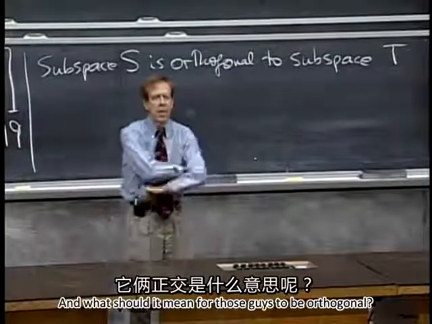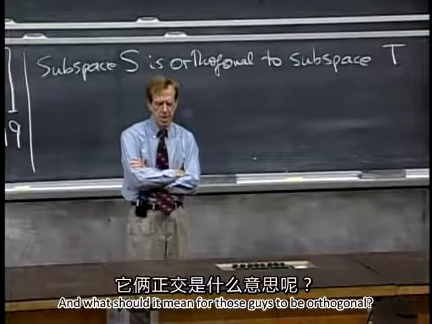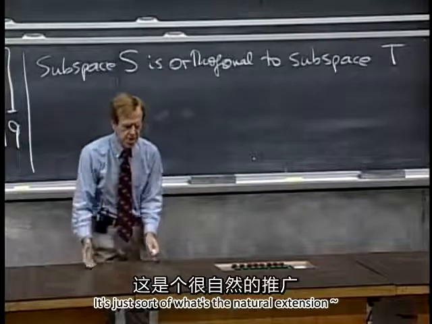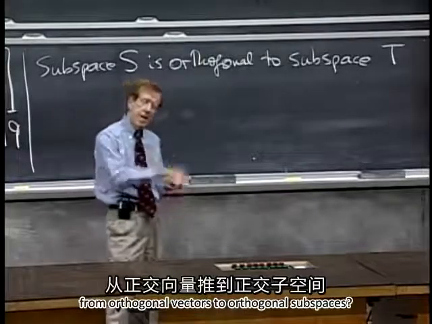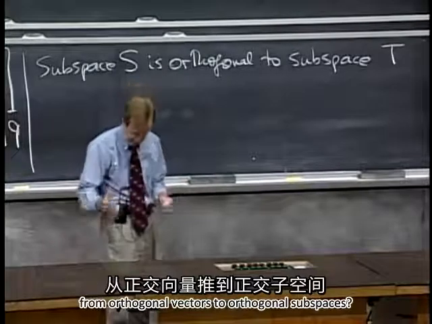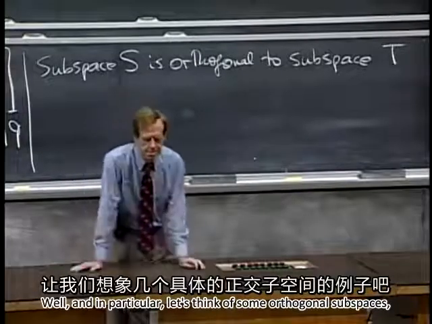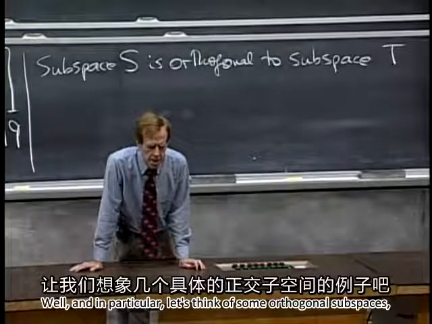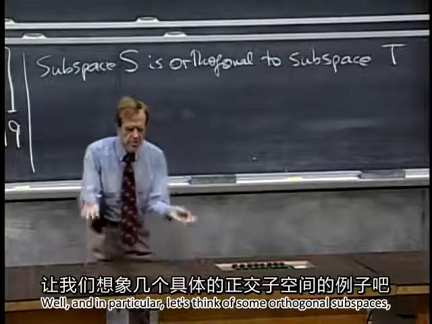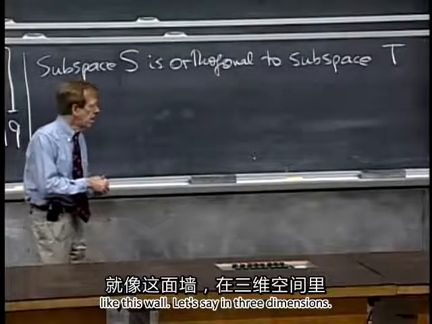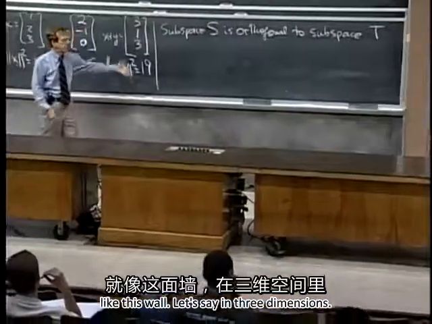And what should it mean for those guys to be orthogonal? It's just a sort of, what's the natural extension from orthogonal vectors to orthogonal subspaces? Well, and in particular, let's think of some orthogonal subspaces, like this wall.